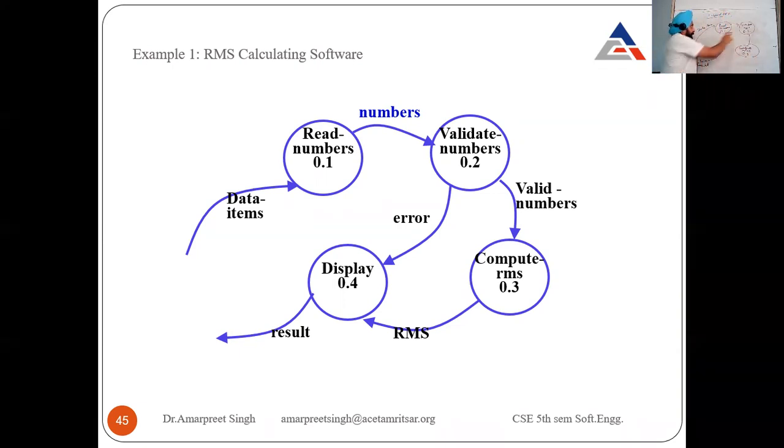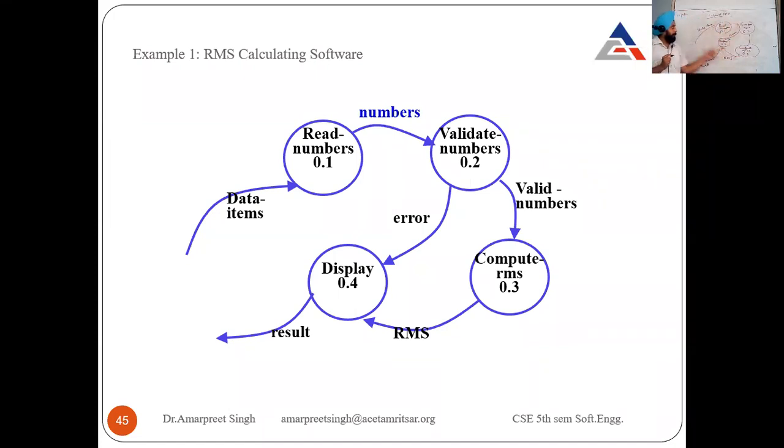After validating, an error may occur. If there is an error, we have to display that the numbers are not validated. If they are valid numbers, they will come here, we will compute the RMS, and the RMS will be displayed and the result given to the user.